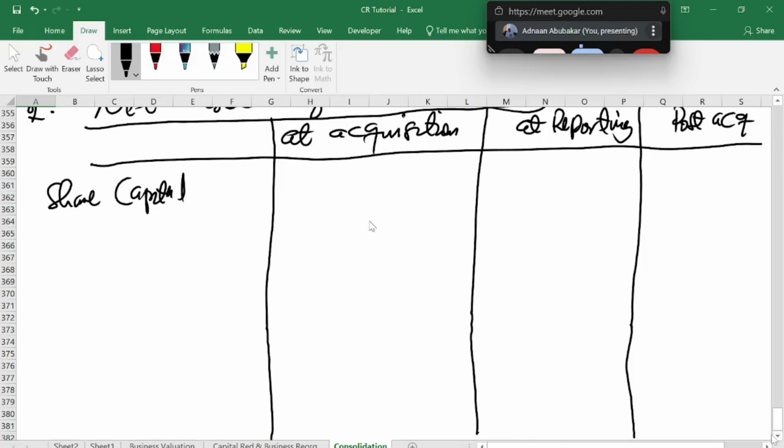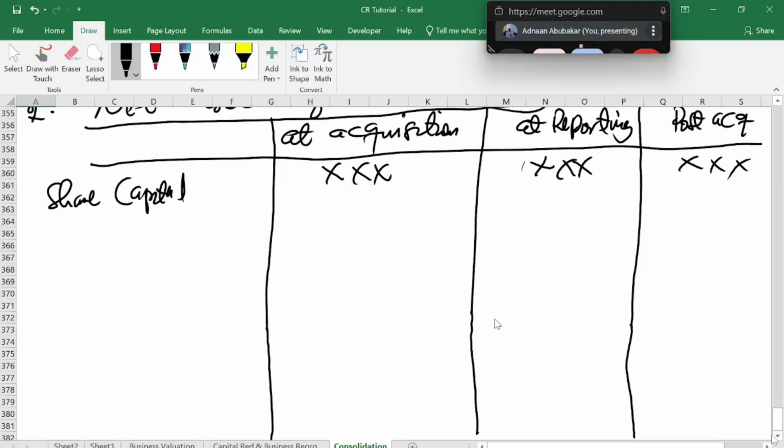When you came to acquire the company at the beginning of the accounting year, the share capital is how much? Maybe 50 million. At the end of the reporting, the share capital didn't change, the same 50 million. Do you understand? So when you are done, then you will less it, so whatever you get will give you the post acquisition value.